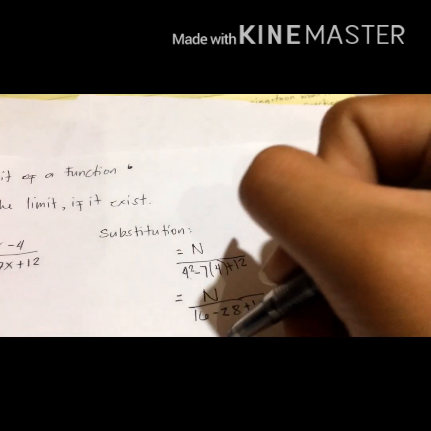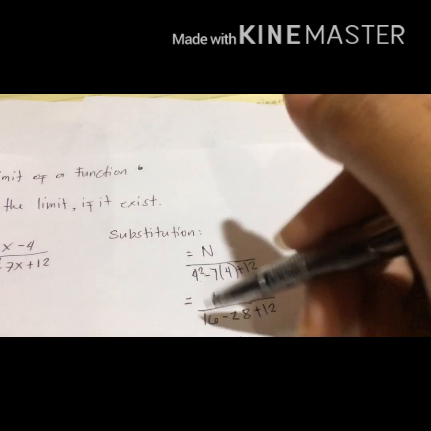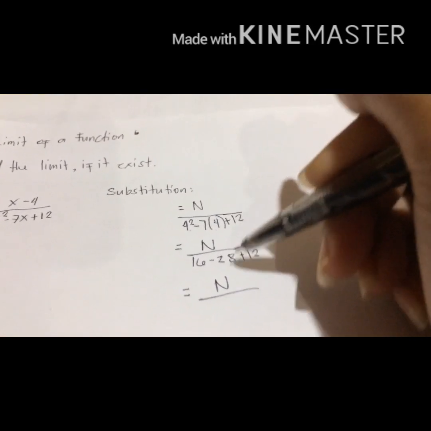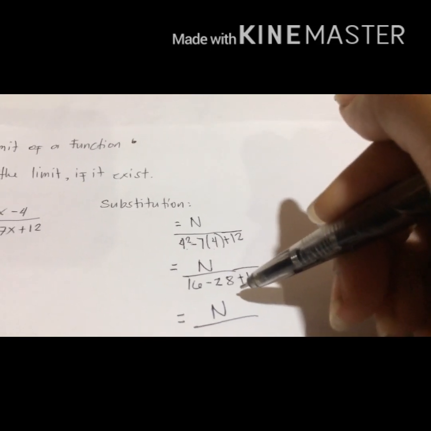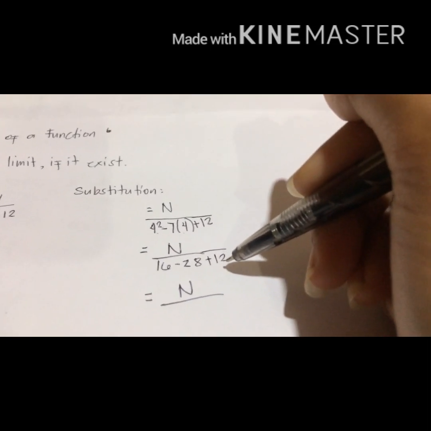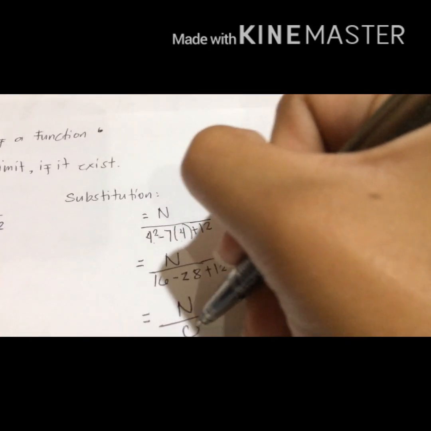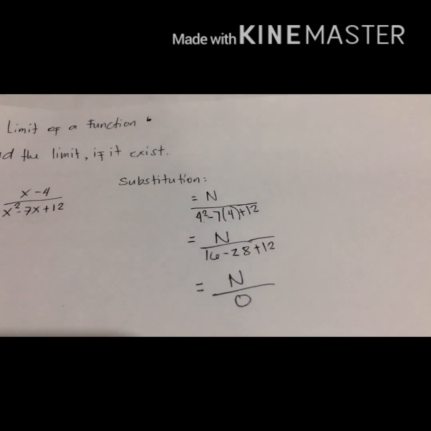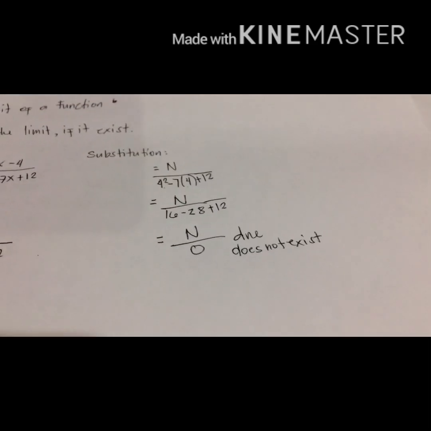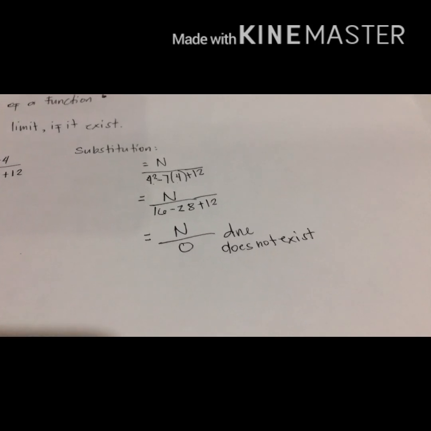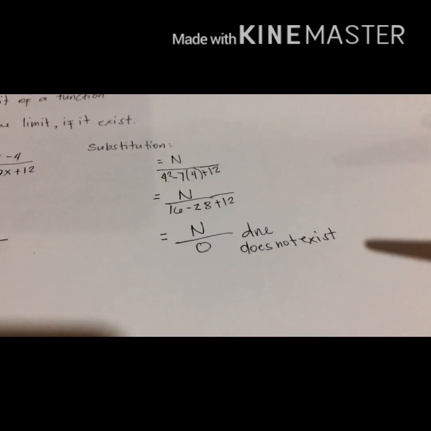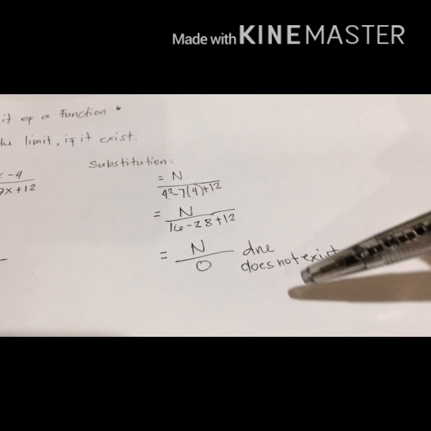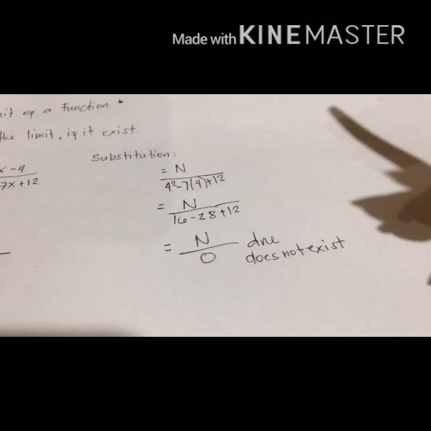So 16 minus 28 plus 12. 16 minus 28 equals negative 12, plus positive 12 equals 0. So the limit does not exist by using substitution, because the denominator is 0. Something over 0 is DNE, or does not exist. Limit does not exist.